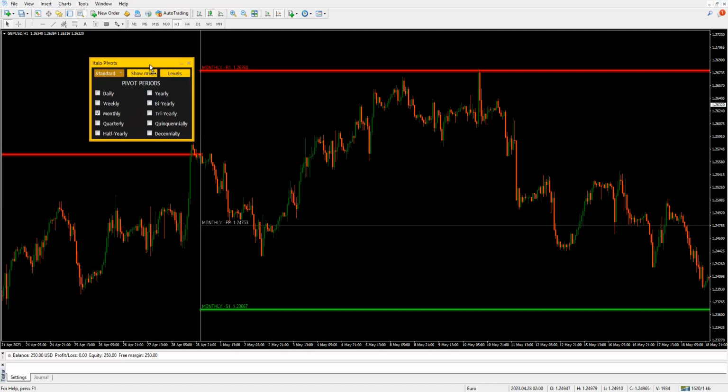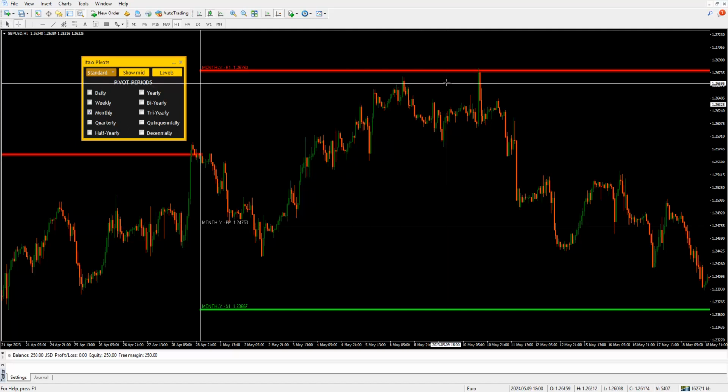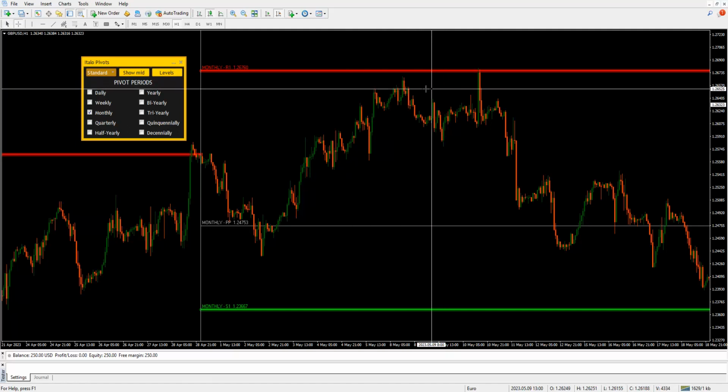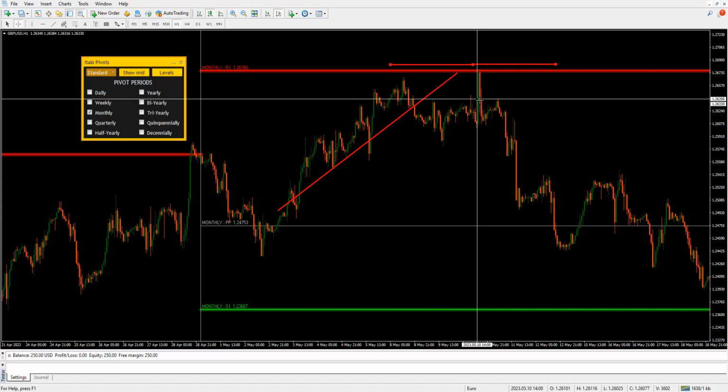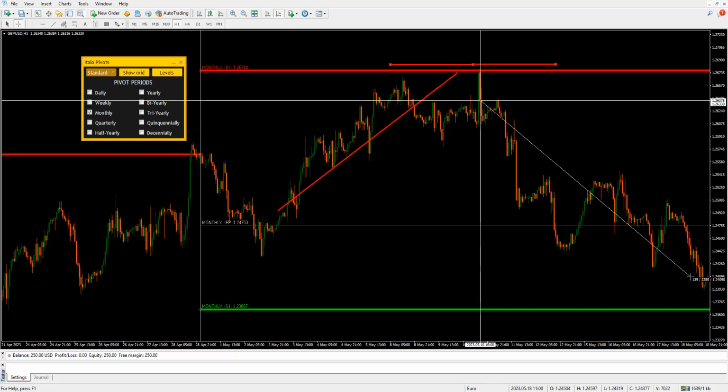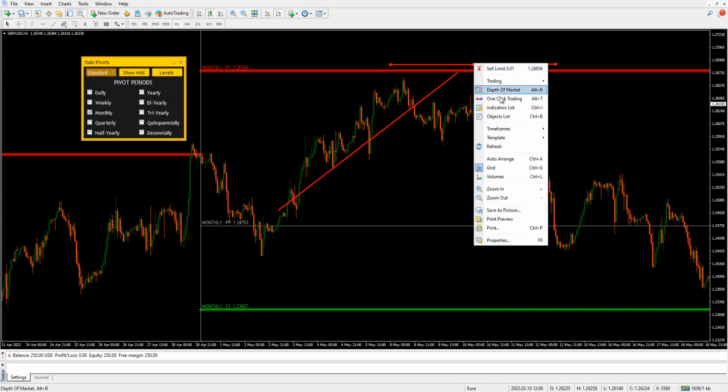So you can trade Italo Pivots whatever pivot period you want. Two things, reversal or trend following. So here the market went up and then rejected this red line, this resistance line, and then after that went down more than 2,000 points.